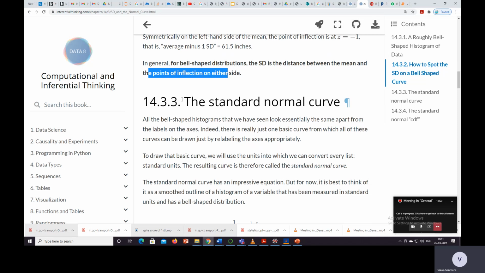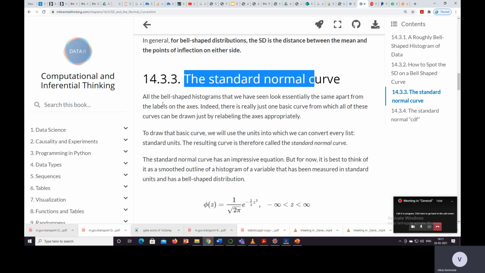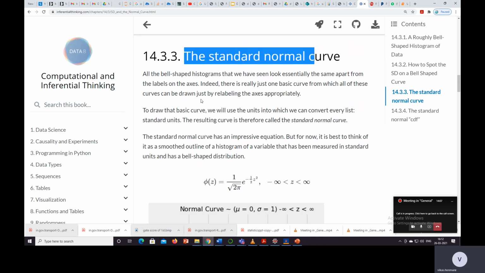Okay. Then the standard normal curve. Okay, all the bell-shaped histograms that we have seen look essentially the same apart from the labels on the axis. Okay. So when we see bell-shaped distributions, they are the same. Indeed, there is really just one basic curve from which all of these curves can be drawn just by relabeling the axis appropriately.